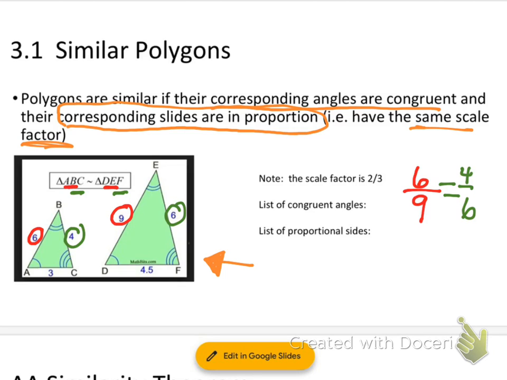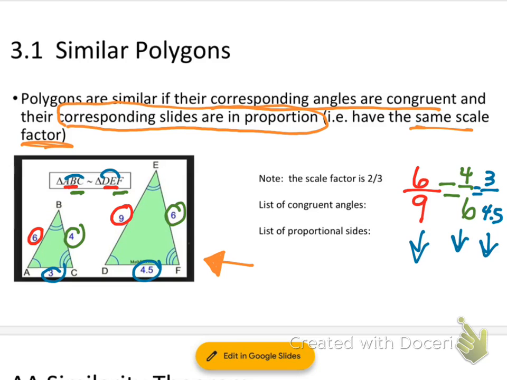And we'll say CA, which is right here, is proportional to FD. So FD is here. So is that true? And I'm going to try to squeeze this here. Is it true that 3 is to 4.5?